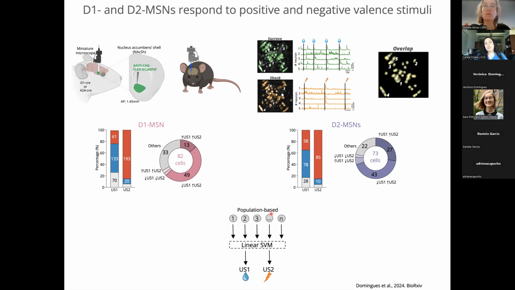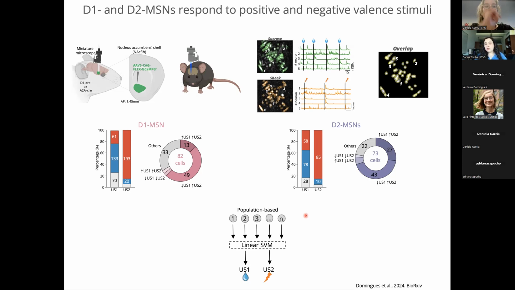We input the population activity in response to both sucrose and foot shock, and we try to see if the model can predict if the activity of this population is in response to sucrose or in response to foot shock.